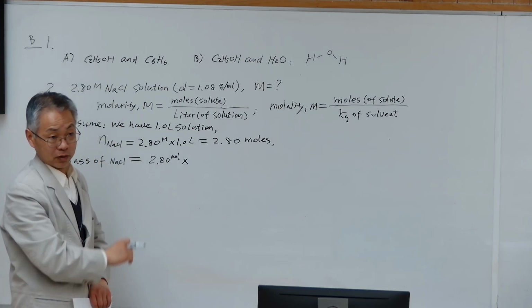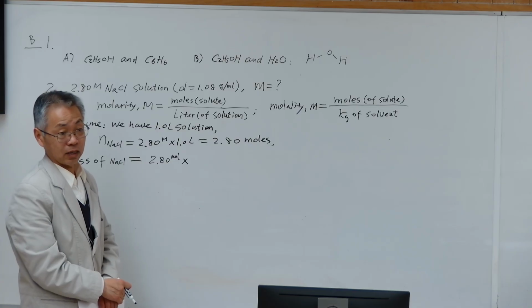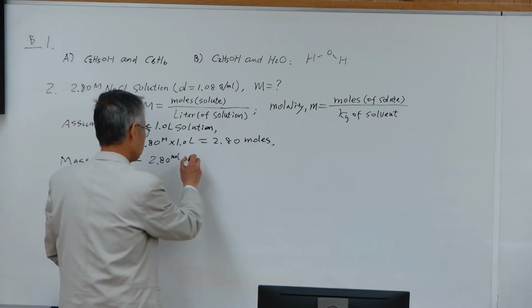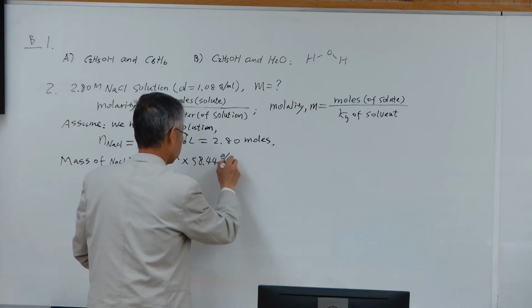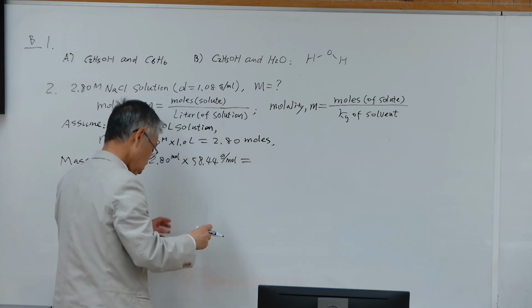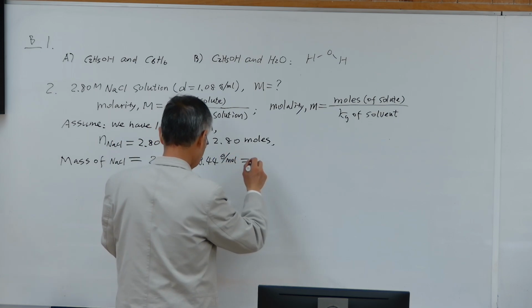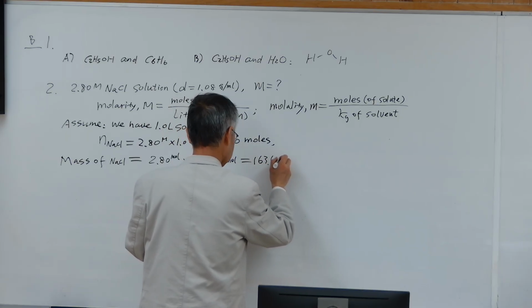Use the periodic table. Sodium 22.99, chlorine 35.45. Together 58.44 gram per mole. So we get the mass of sodium chloride is 163.6 gram.